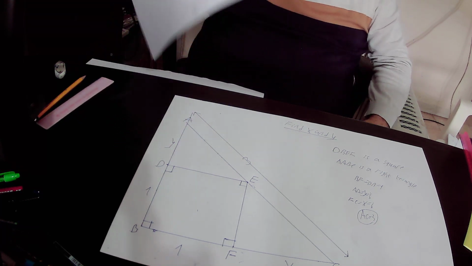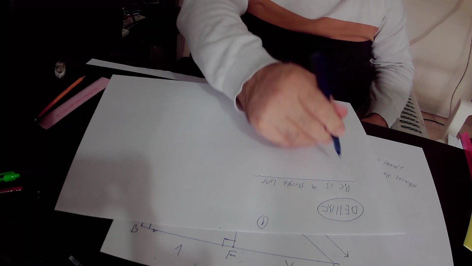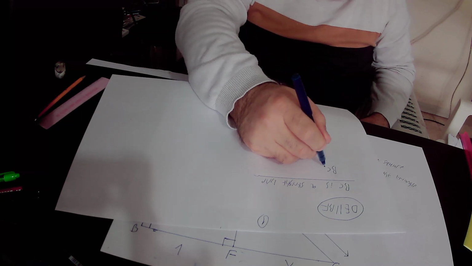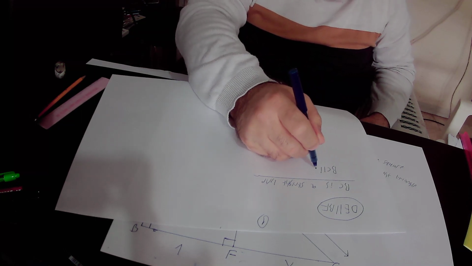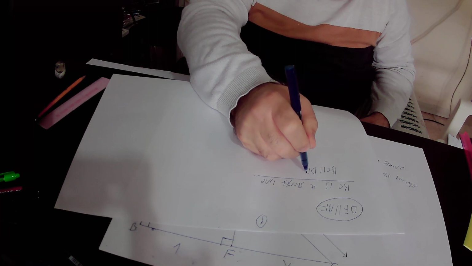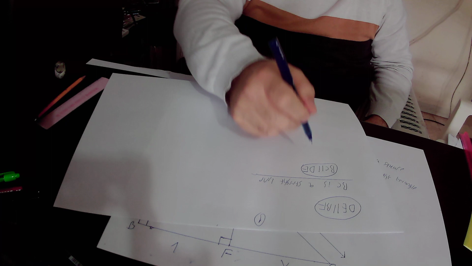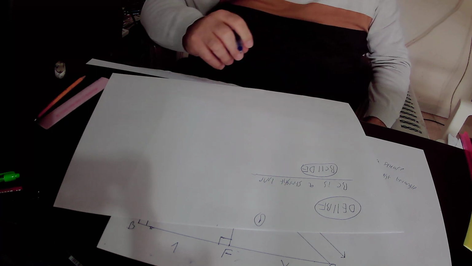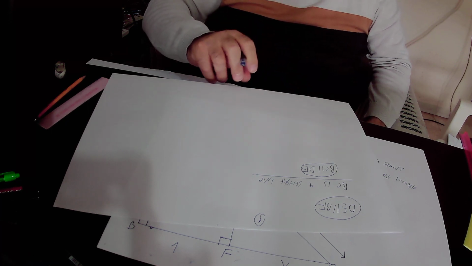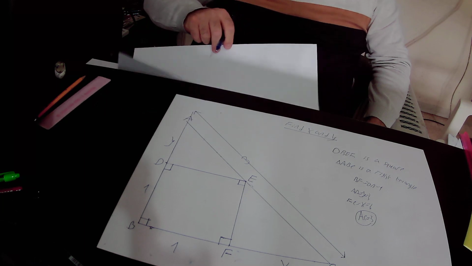So we conclude that BC is also parallel to DE, because if part of a straight line is parallel to another straight line, then the straight line itself will also be parallel to that straight line. Okay?